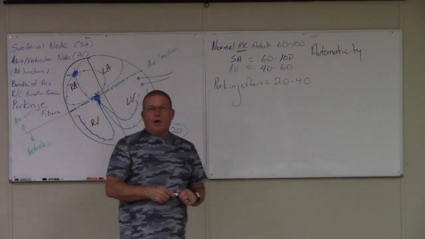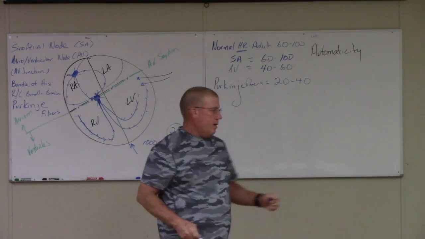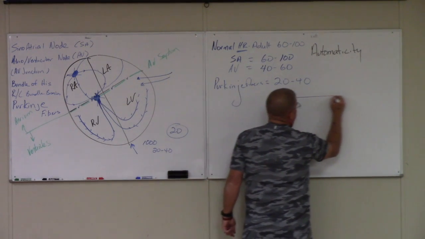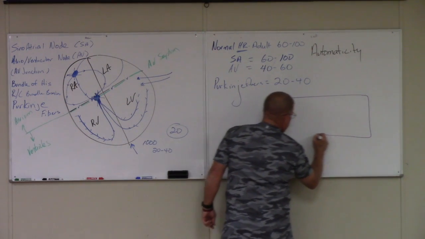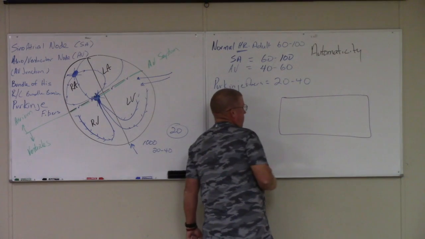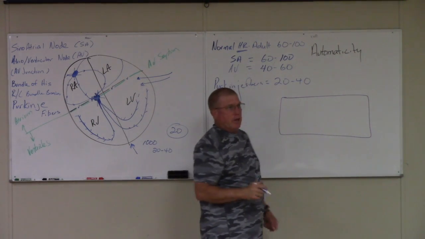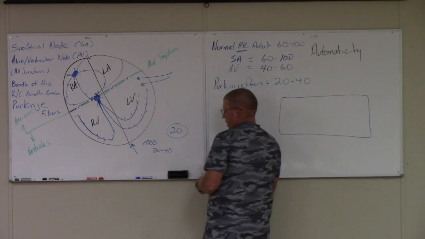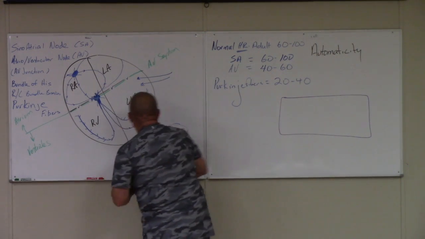So, if you look on a monitor, it's got a screen on it. And usually your heartbeat is going to be based off of what we call an isoelectric line. It's a neutral line right down the middle.